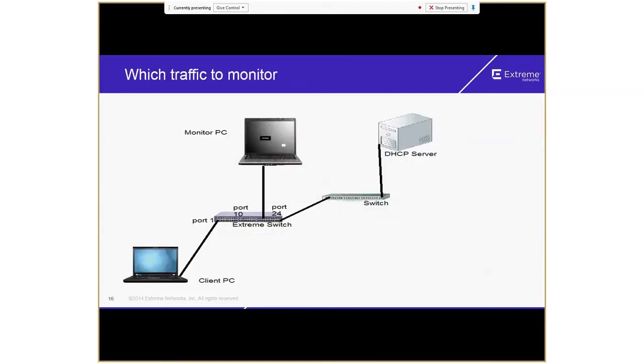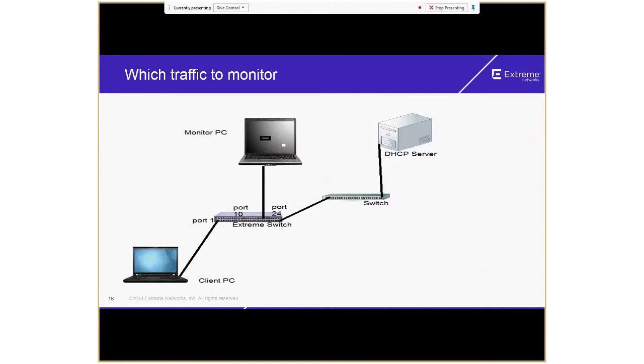So the client was, for example, connected on port 1, and the uplink to the third party switch was port 24. I asked them to connect a monitor PC on port 10, so that I get the information from port 1 and port 24 on the Extreme switch.